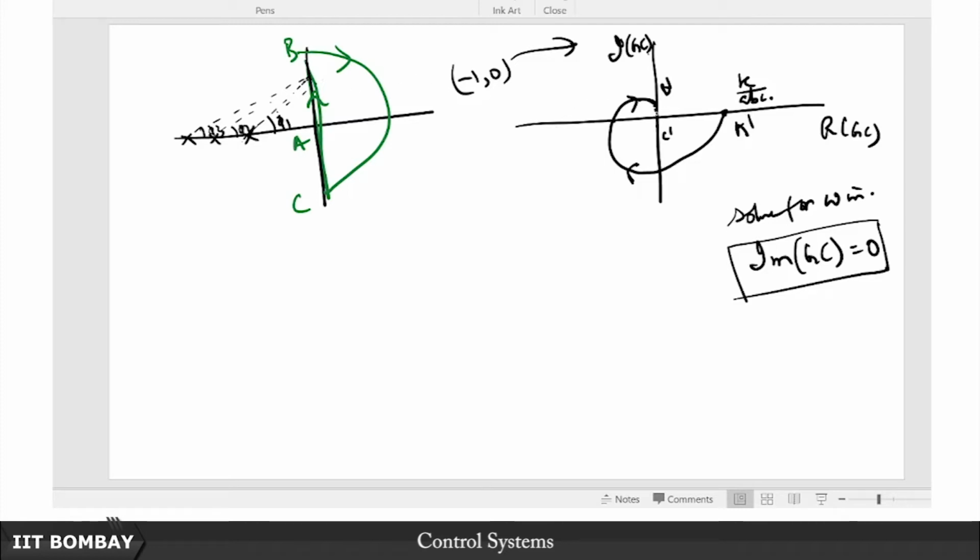So a 540 degrees change means a counterclockwise rotation of a full circle and then a half circle. So a full circle rotation like this and then a half circle. Of course this is very minuscule, it will hardly matter, you will hardly be able to see this.